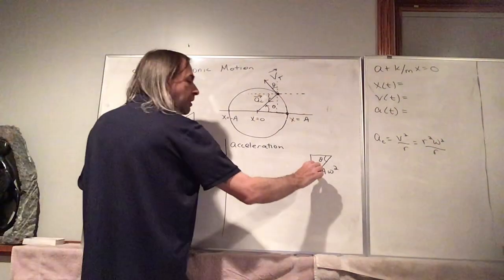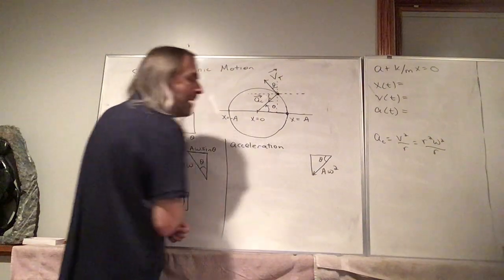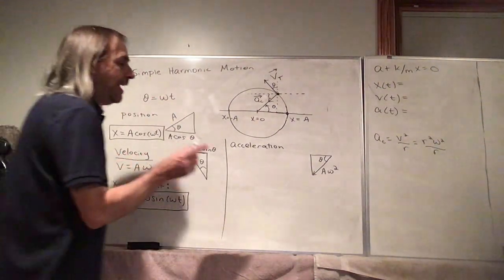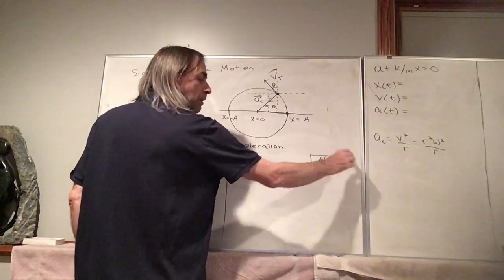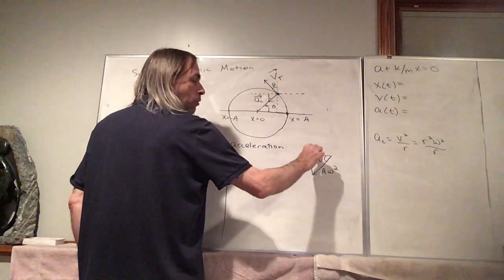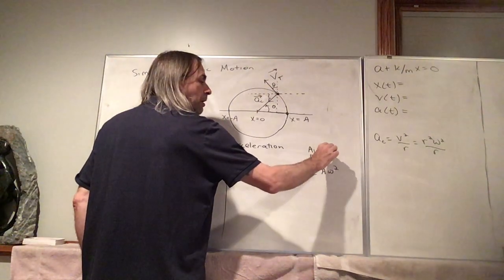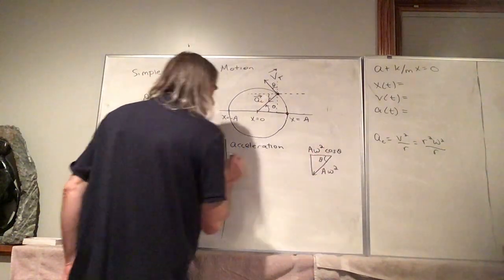So this is our acceleration vector. It has a magnitude a omega squared. And the x component, again, we're adjacent to the angle. So we have a omega squared cosine theta.